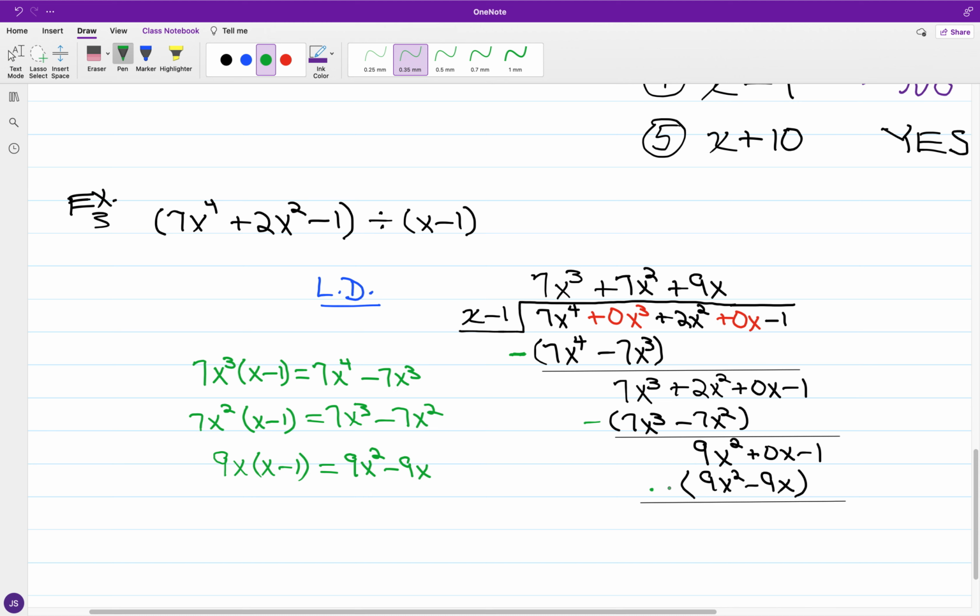Once again, looking at subtract, 9x squared will go out, and we've got 0 minus negative 9x, so that's going to translate to 0 plus 9x. We can bring down the negative 1. Now we've got x into 9x will go 9 times, so we've got 9x minus 9.